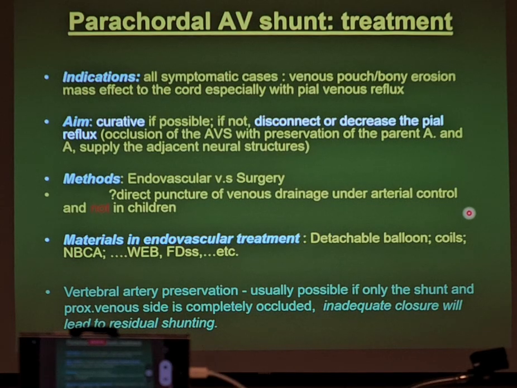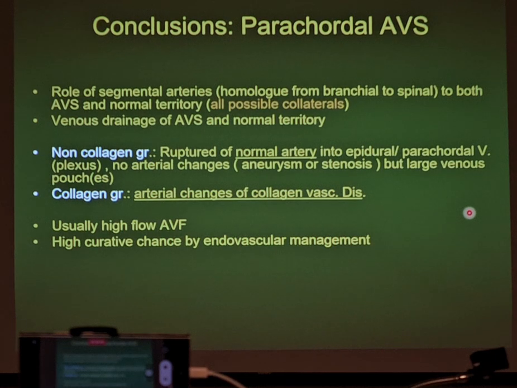And I told you that probably the importance of completely closing up the fistula, especially in this group of disease, is very important. At the vertebral level, you may not have a very high chance to preserve the parent artery, while at the cranial level, you have a big chance of preserving the parent artery. So thank you for your attention.